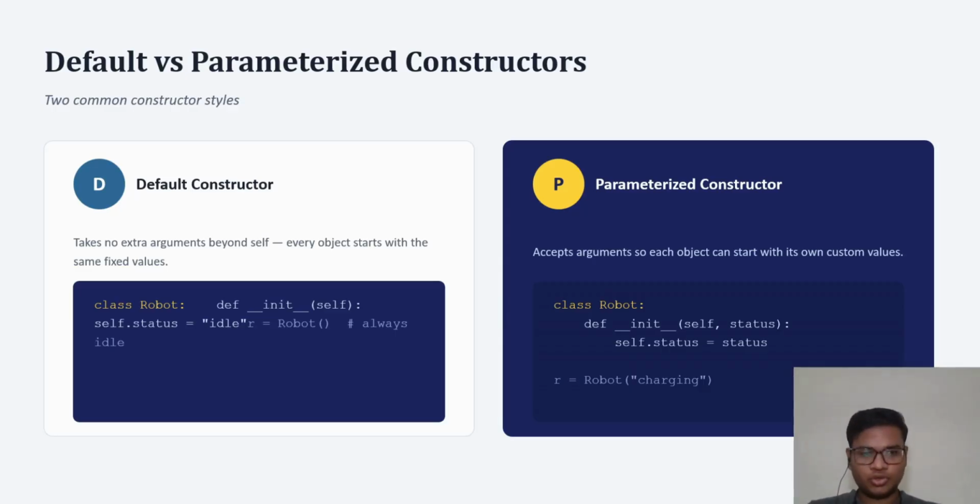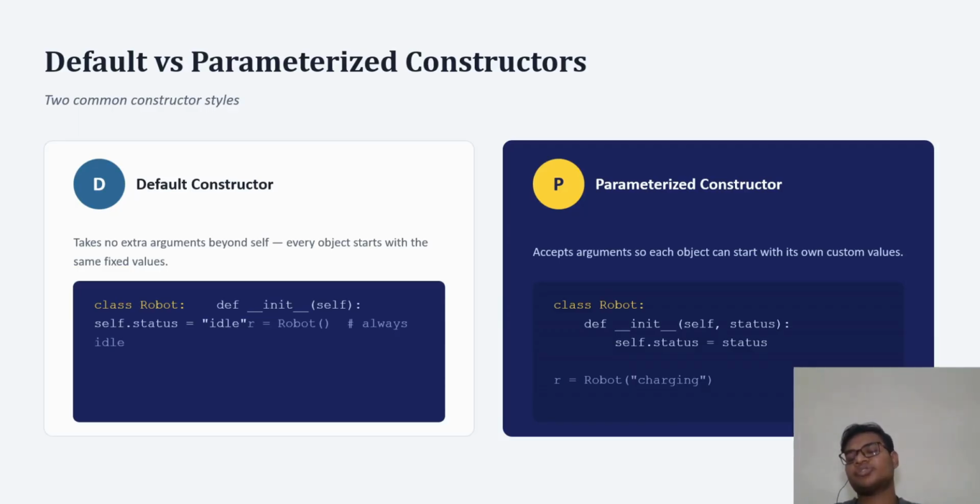Here we created a class Robot with an init method where self.status is idle. Any object R is always idle, because that default value is always given.